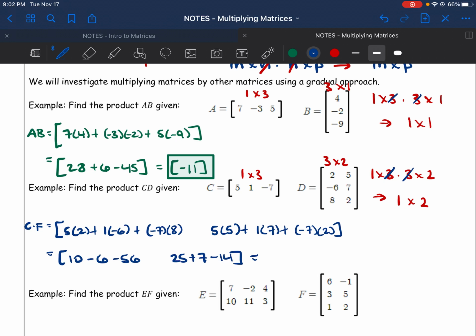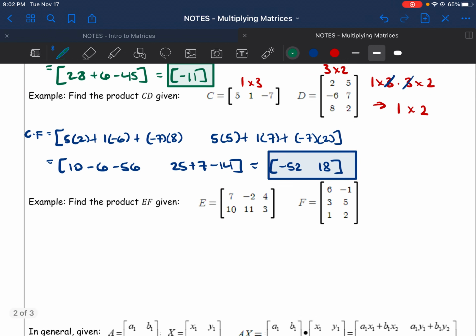Continuing to simplify, the 10 minus 6 minus 56 is going to give us a -52. And the 25 plus 7 minus 14 is going to give us a +18. And just as expected, notice this is a 1 by 2 matrix, one row, two columns, and everything looks good.